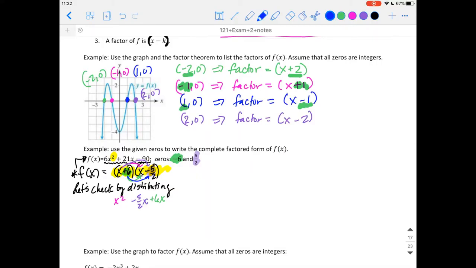A plus times a minus, I take care of my signs first, is going to be a minus. 6 times 5 divided by 2, I can do the 6 divided by 2 first, which is 3, times 5 is 15. So I get x² - 5/2 x + 6x - 15. And so far, this is what I have as my f(x).